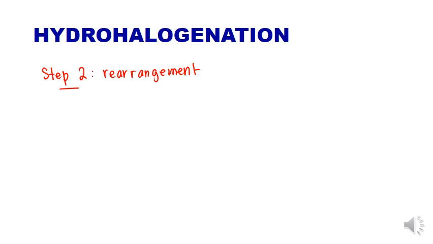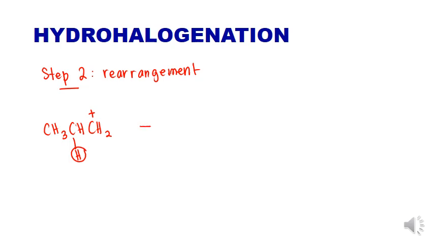So daripada langkah pertama, we have produced the primary carbocation. Okay, this product is according to the anti-Markovnikov rules. So from the structure, we can see that we can change the position of the hydrogen atom to the carbocation so we can get a more stable carbocation.